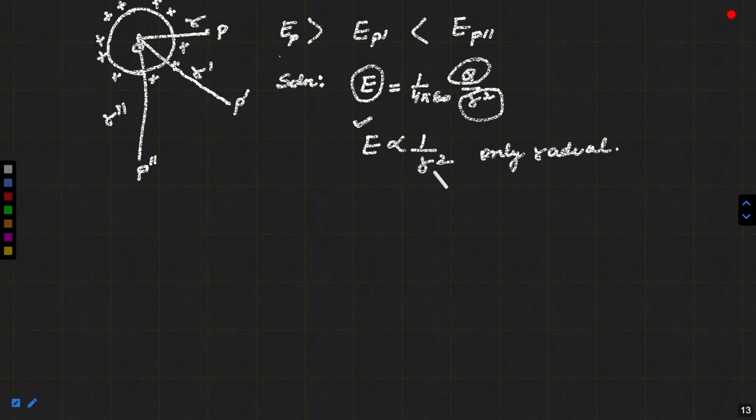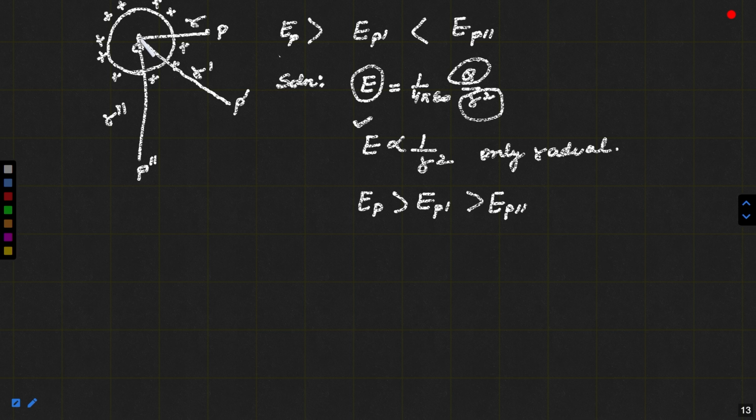If the value of R is much greater compared to other given points, in that case E is small. So the electric field at point P is greater than the electric field at P prime, which is greater than the electric field at P double prime.